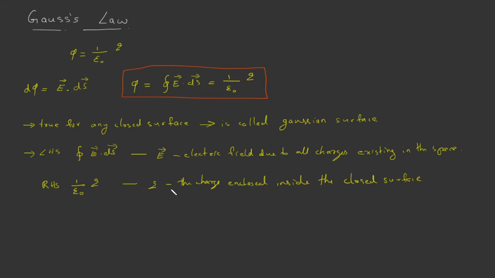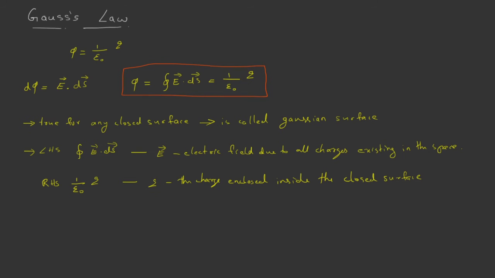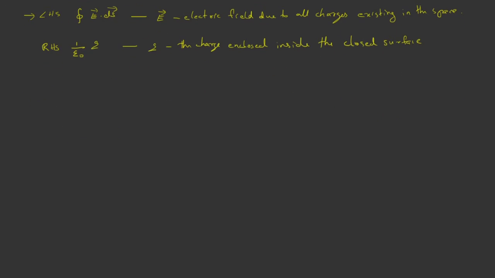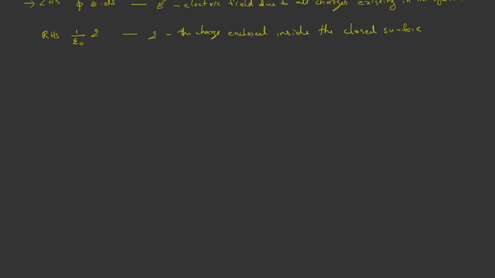So we understood what is Gauss's law. Now we are going to prove this Gauss's law by considering a simple case. For that, consider a sphere of radius r and a charge q is placed at its center.